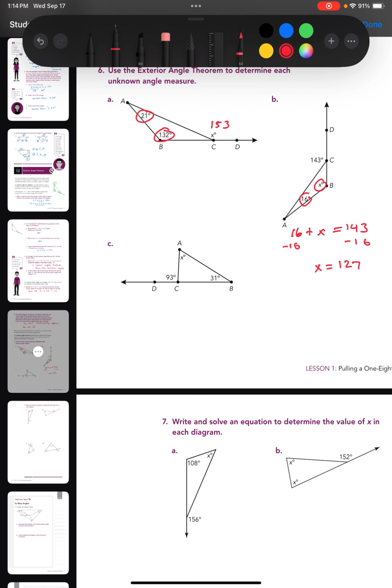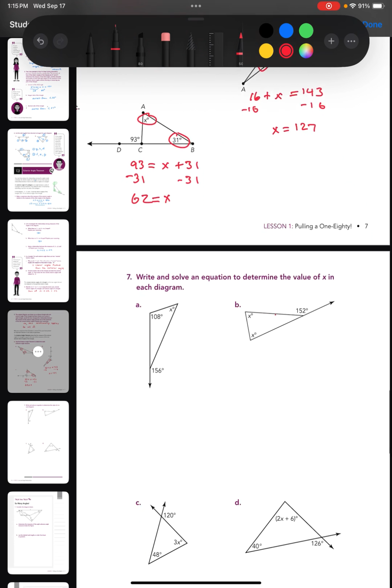And very similar on C. We know that 93 is equal to x plus 31, the two interior angles added together. So again, if we solve for x, we're going to find that x equals 62 degrees. So we can use the exterior angle theorem to find those angles, both the remote interior given the exterior, or vice versa.